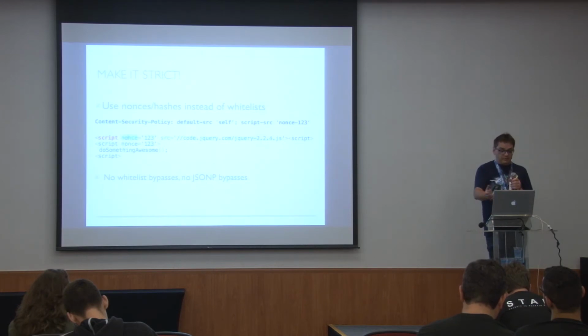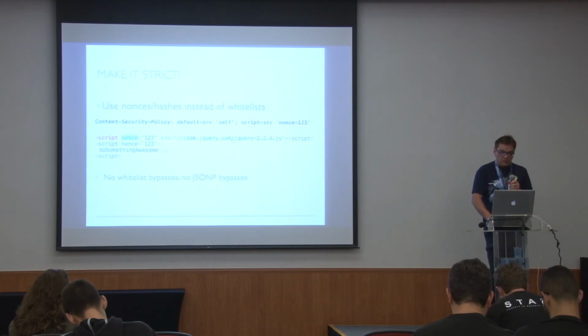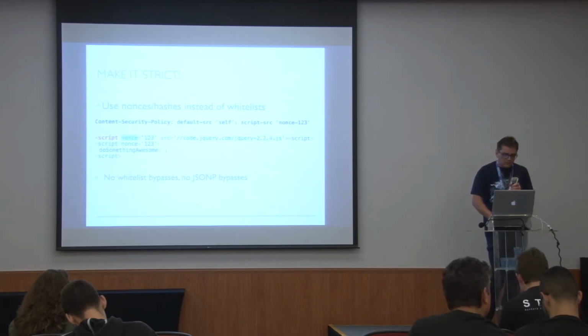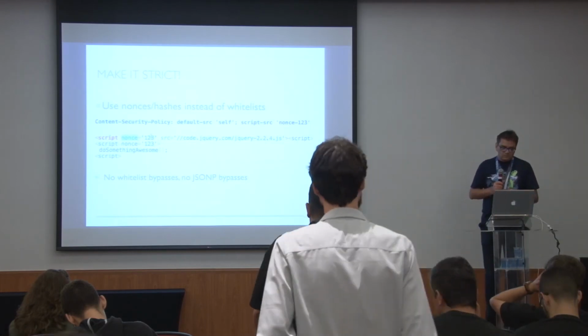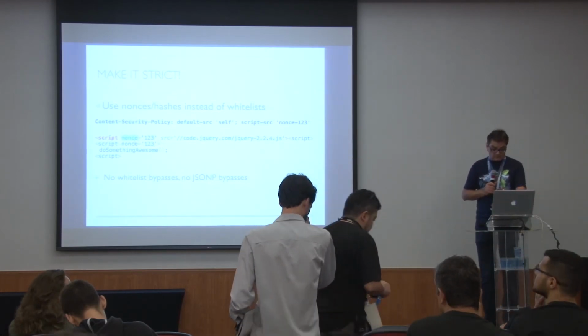So here we have a third-party script that loads jQuery.com. We don't use whitelists in the content security policy. If the attacker manages to find an injection, even if he tries to inject a script tag with source jQuery 1.6.2, which is vulnerable, he won't be able to tell what the nonce is at runtime. The same thing applies to inline scripts.